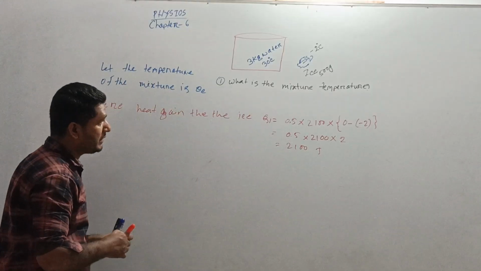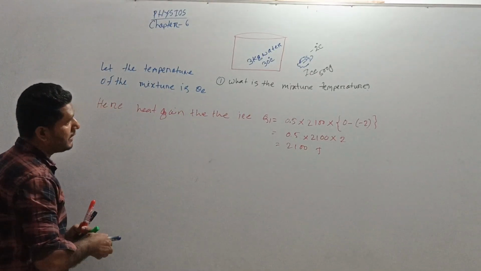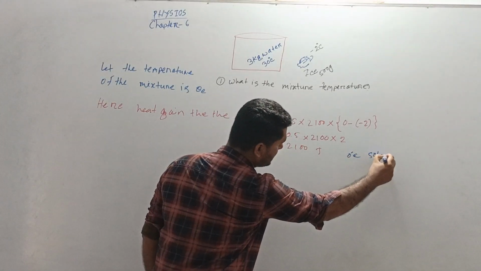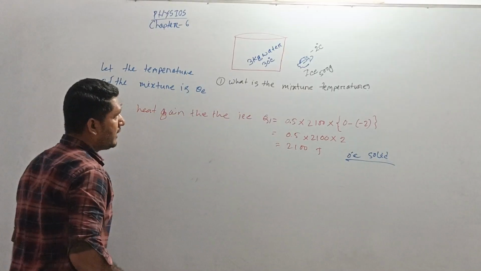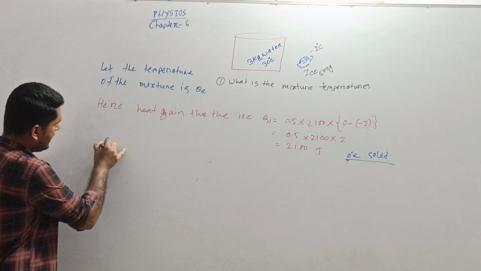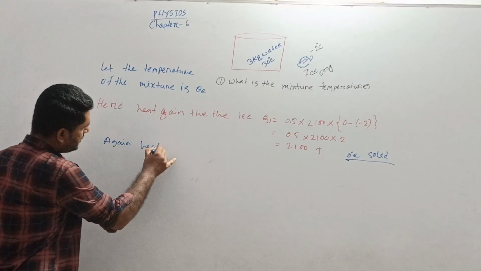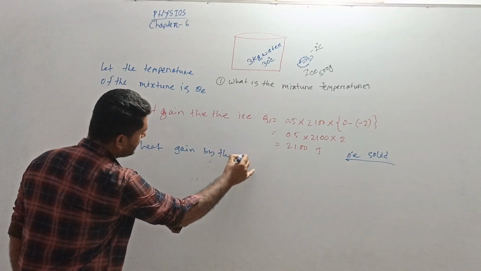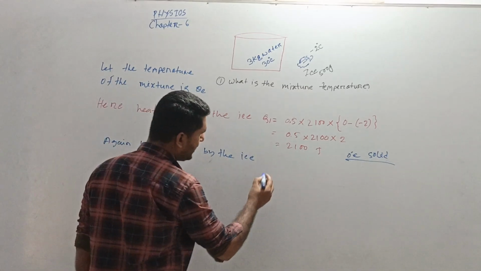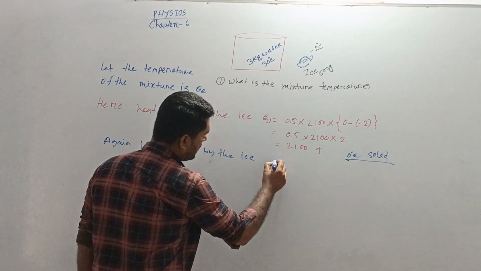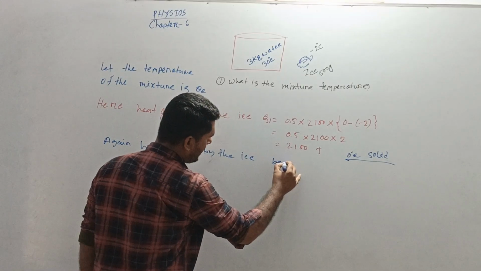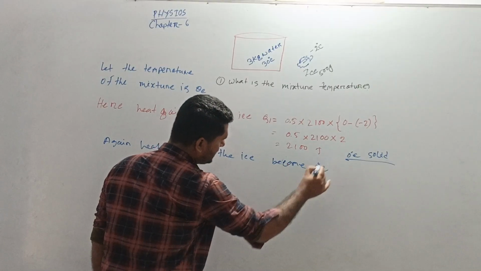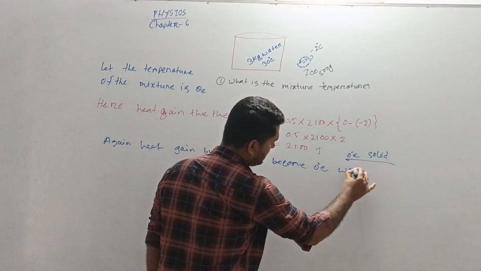Now step number 2. Now the ice at 0 degree Celsius is in the solid state. Again, heat gained by the ice to become 0 degree Celsius water.